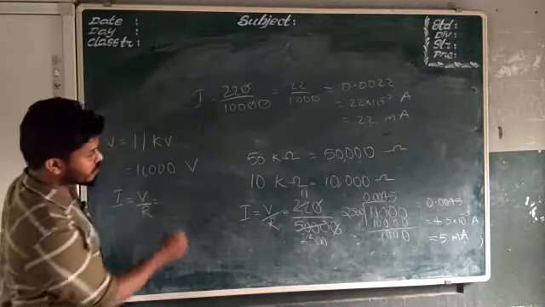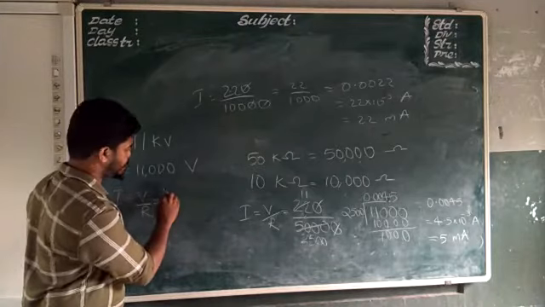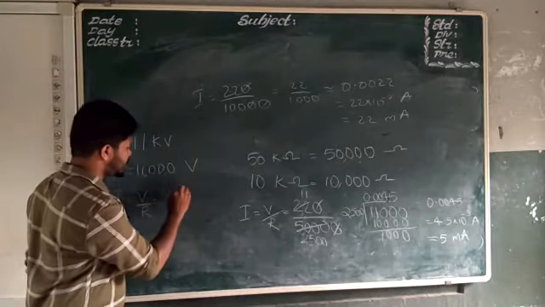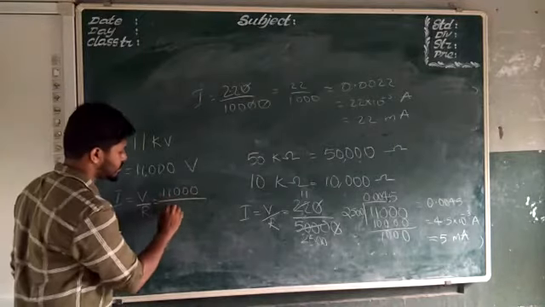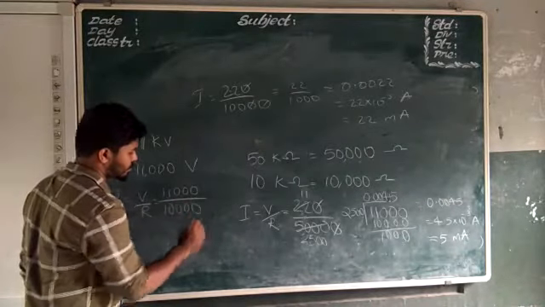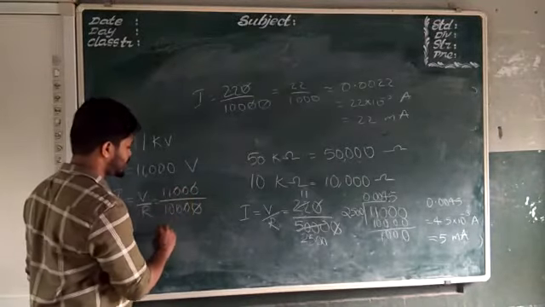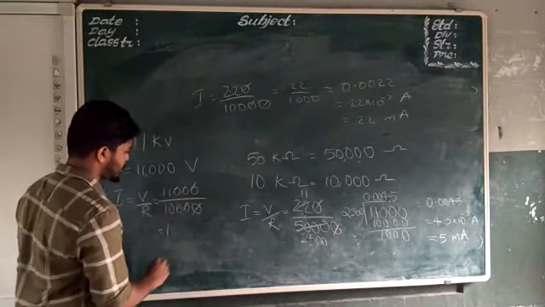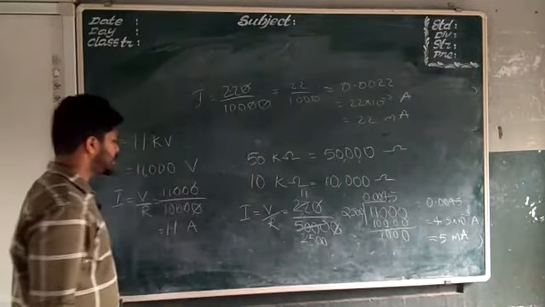It will be easy for us to calculate. V is equal to 11,000, 11,000 by 10,000. 11 by 10 is equal to 1.1 ampere.